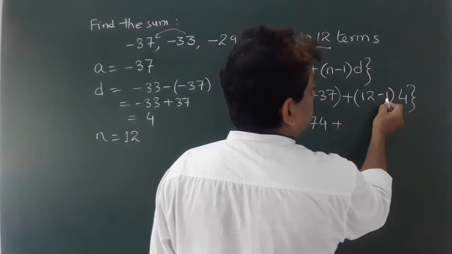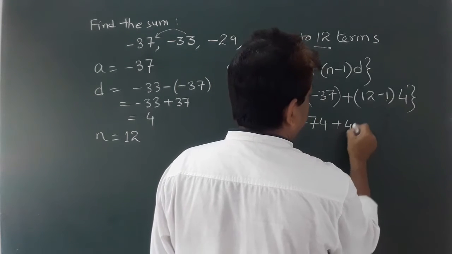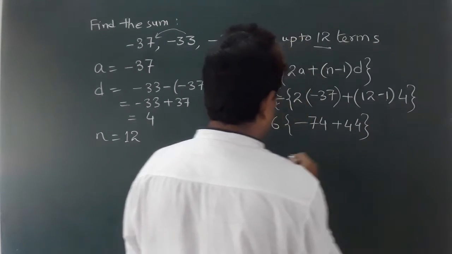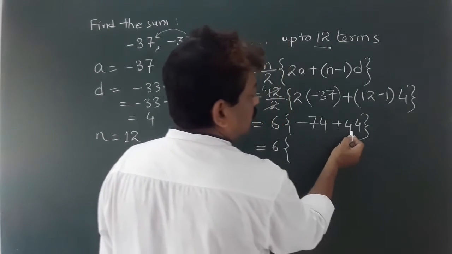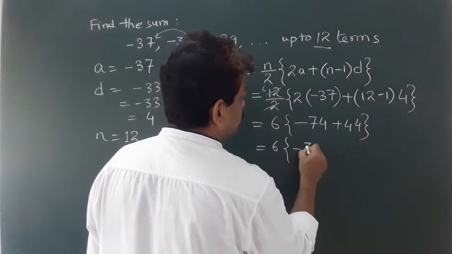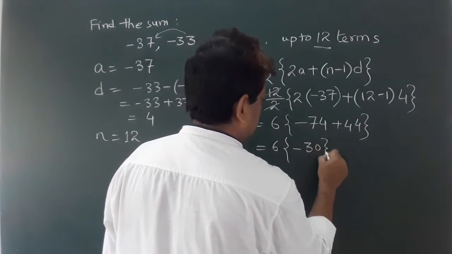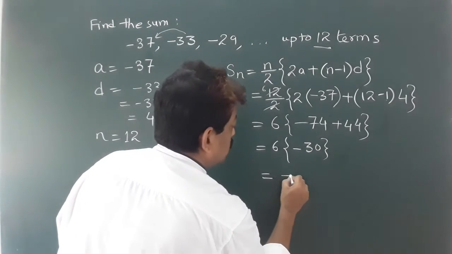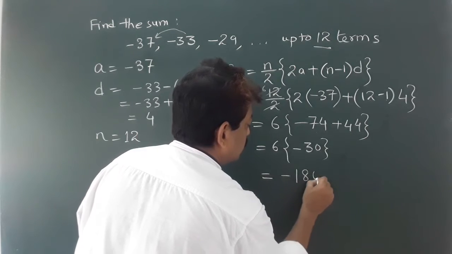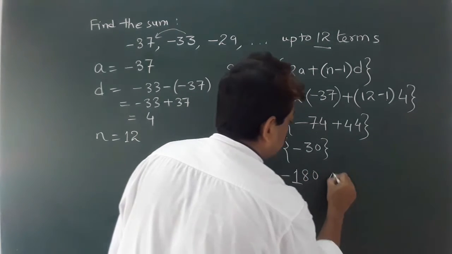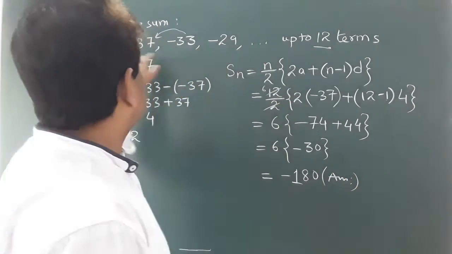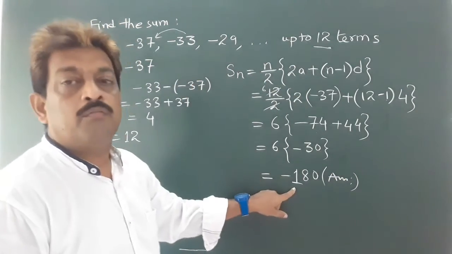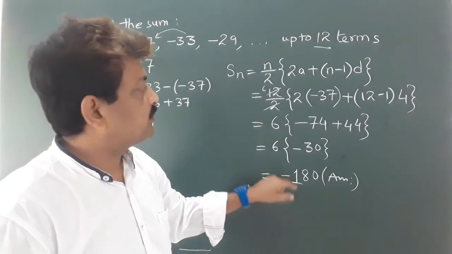This 12 minus 1 is 11, 11 fours are 44. So 6 times (minus 74 plus 44), which is minus 30, so minus 180 is the answer. Therefore, the sum of 12 terms of this AP is minus 180.